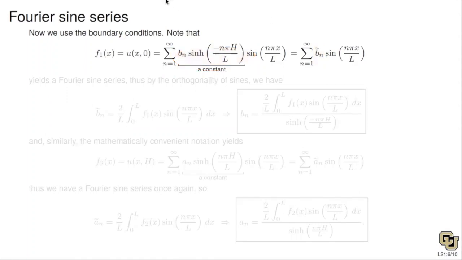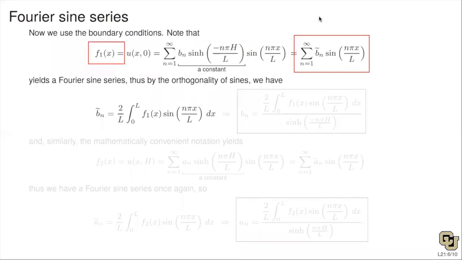And so if we step back and take a look, what we have now is a sine series equal to F1. So using orthogonality, I can find a formula for b sub n tilde. And finally, b sub n tilde is this. It's b sub n times a constant.